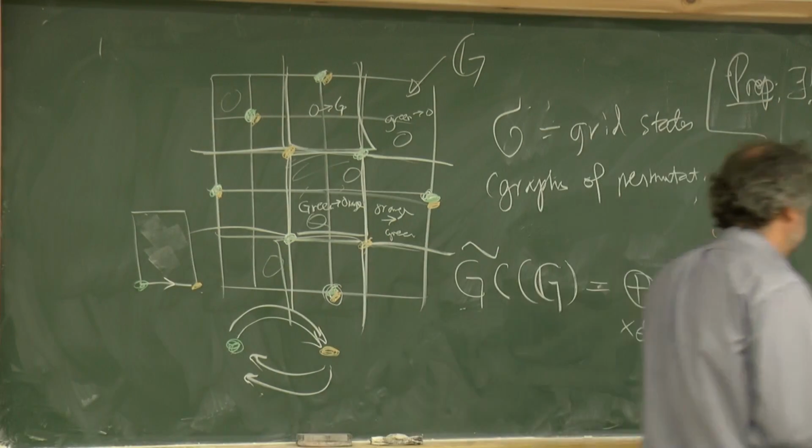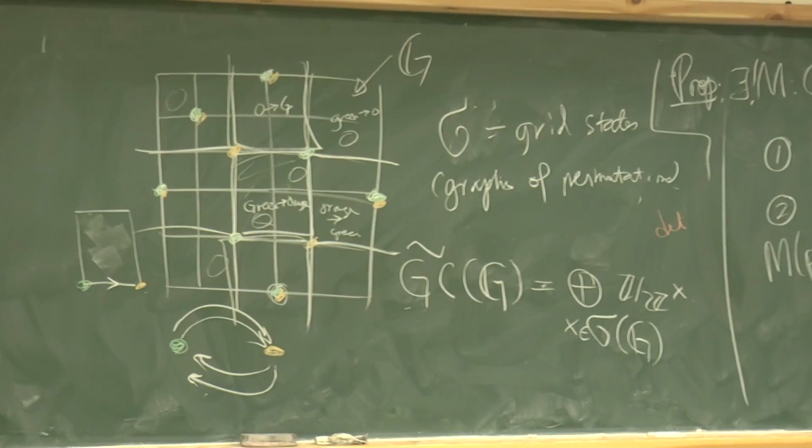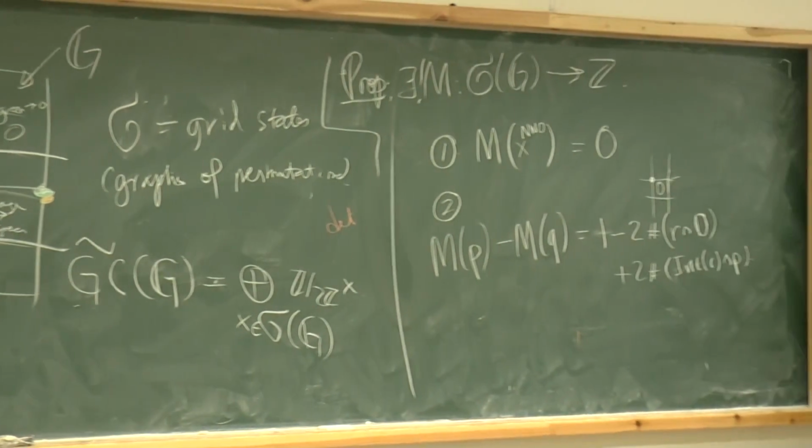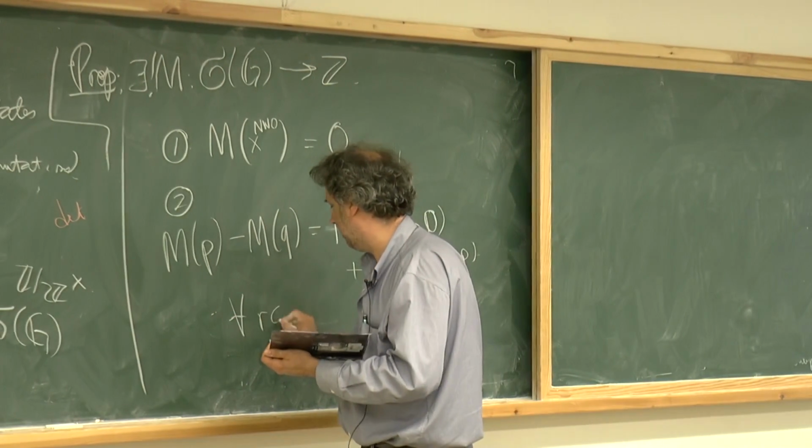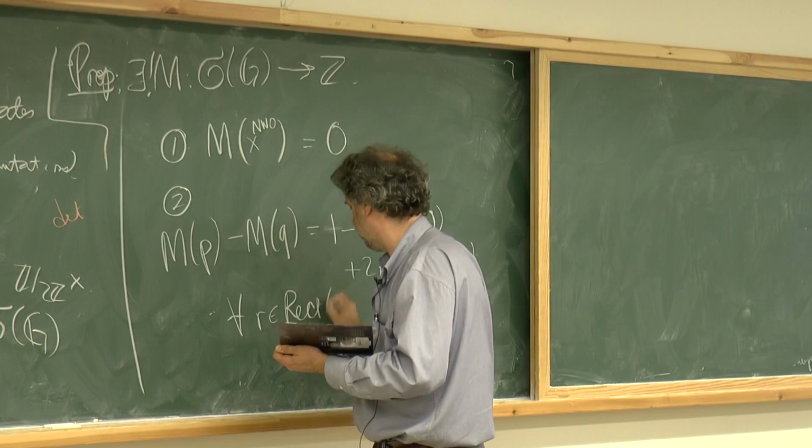So I want to add twice the number of green-orange markings. Oh, I'm sorry. For any rectangle that goes from P to Q.